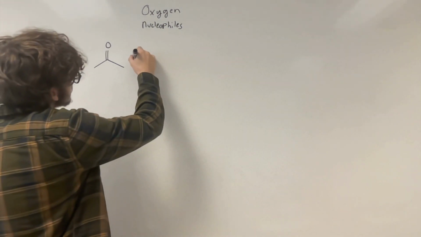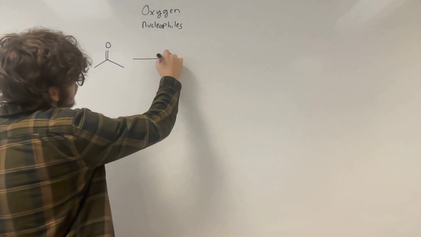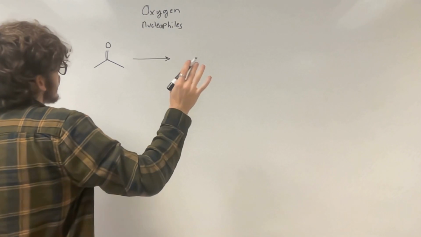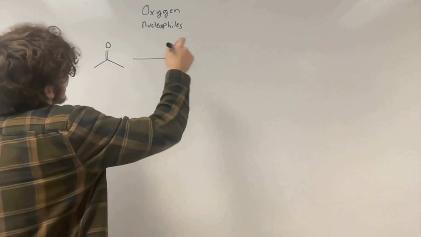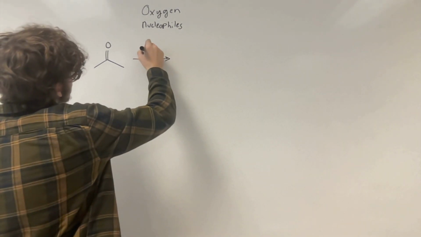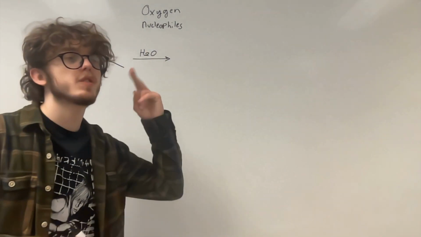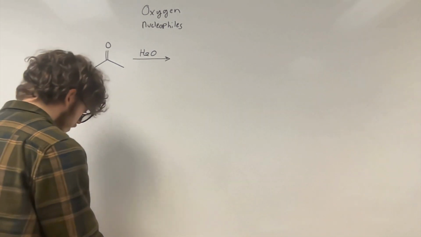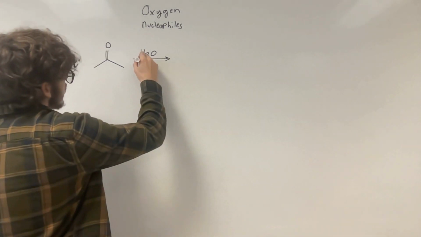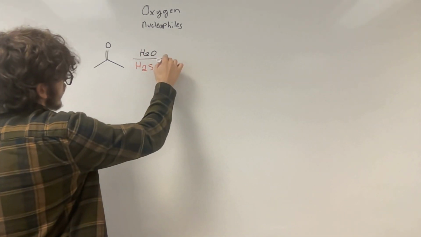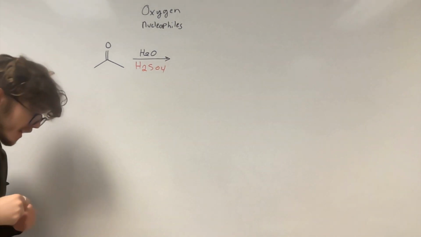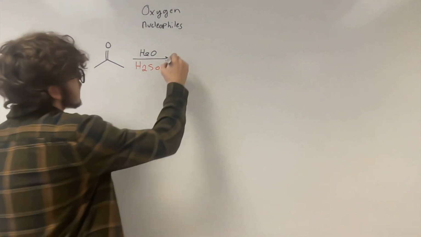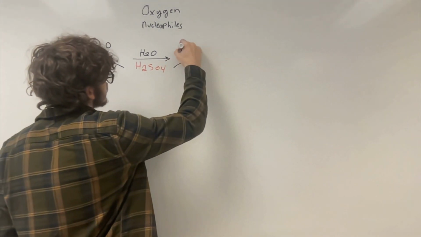Okay, so that's an important note here, but just to keep things simple, we're going to draw an arrow. Okay, I apologize. So we're going to react this with H2O, and I said acid or base catalyst. I'm going to use an acid first, so I'm actually going to draw our acid catalyst in red, H2SO4. I will get into the base catalyzed mechanism in a second, but here we're going to show this mechanism, an acid catalyzed hydration.